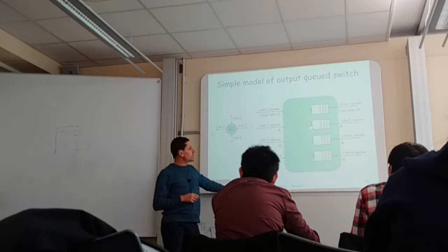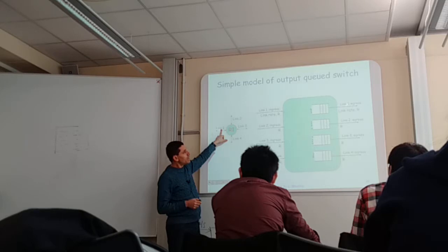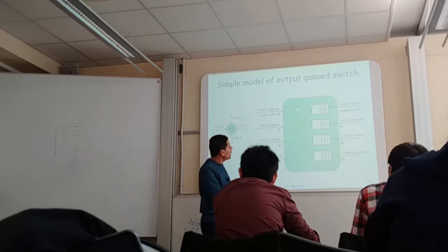Say it again. The number of lines, maybe. This is the right one, but what about the input lines entering the buffer? Why should the output be the same as the input? Where did you see the output is the same? For example, the top, the link one ingress is going to the link one output. Where is it going to link one? Where did you see it? You mean here? Yeah, this one.